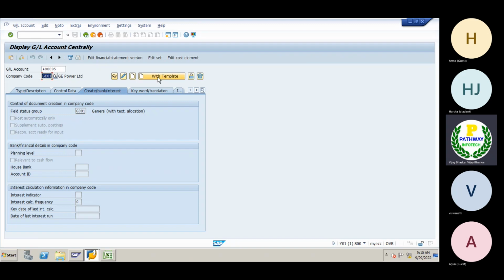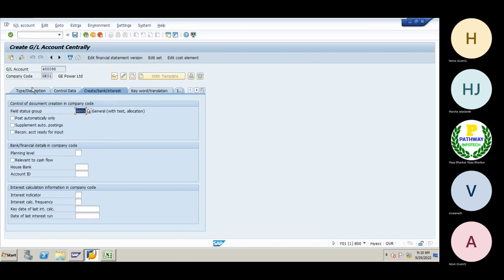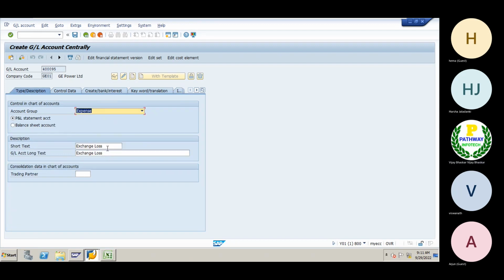I'm going to create it with a template, because we have already created one. Valuation loss account, the other parameters are the same.